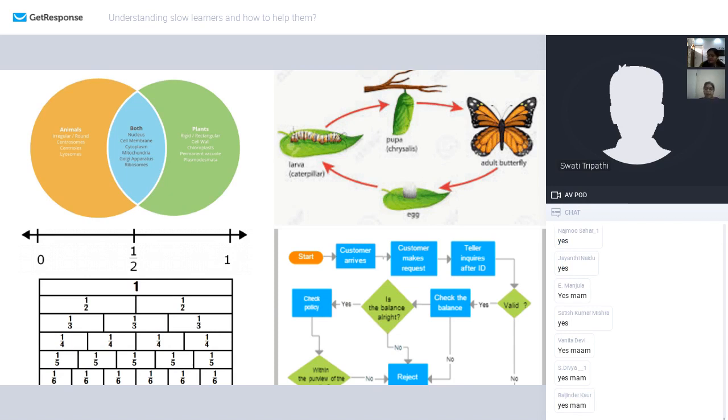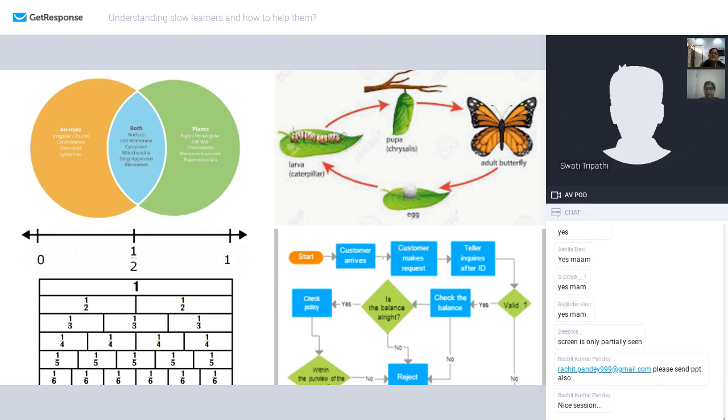Likewise, in mathematics, many students have problems in understanding fractions. With this, you can ask him to mark, say, 1/4 and 3/4 and compare the area which is covered on the number line, so that he understands 3/4 is more than 1/4.